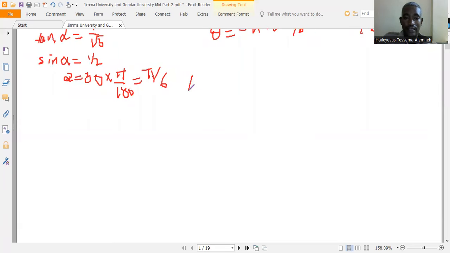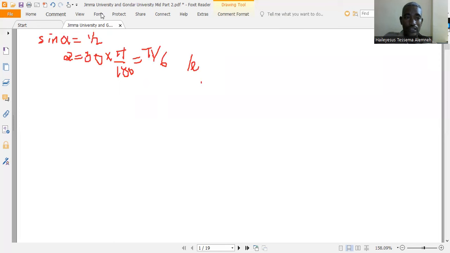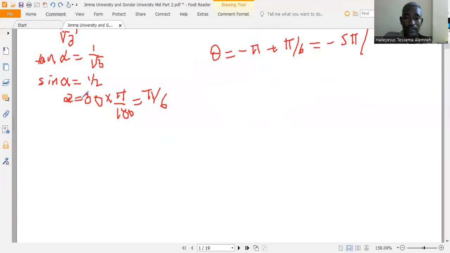Let's take z2 to be the denominator, 2 plus 2i.